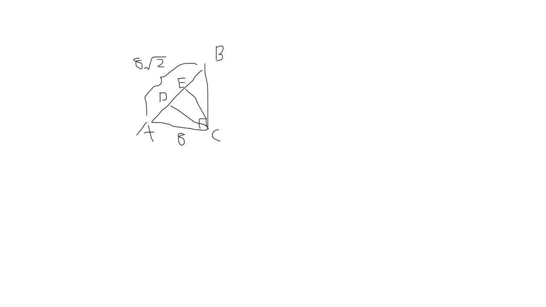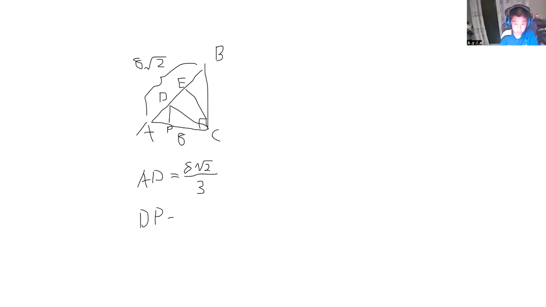So I figured out AD equals 8 root 2 over 3. Can someone help me? Then I dropped a perpendicular from D to AC and named the new point P. So I figured out that DP is equal to A over 3.